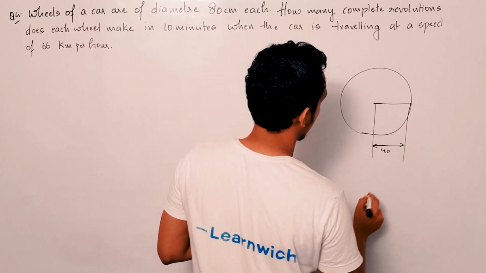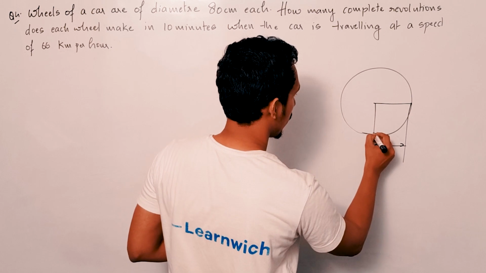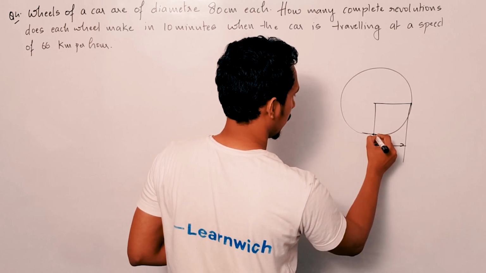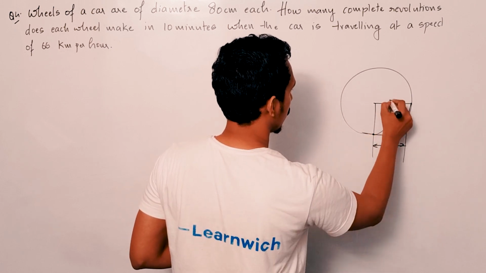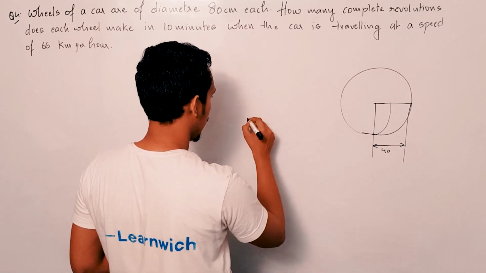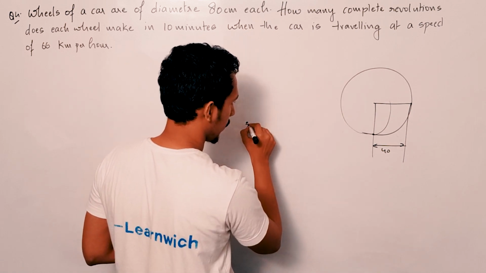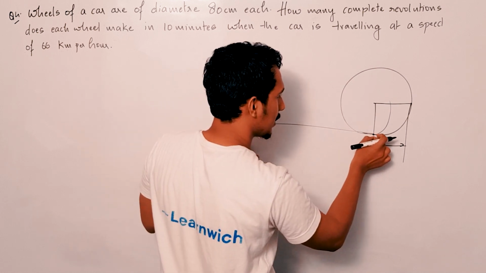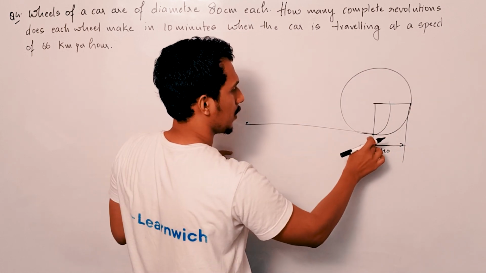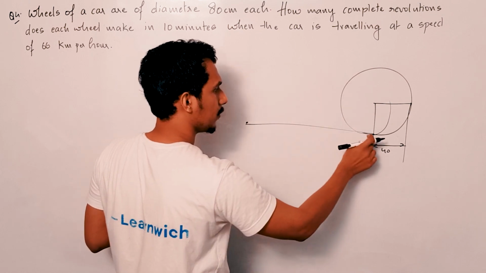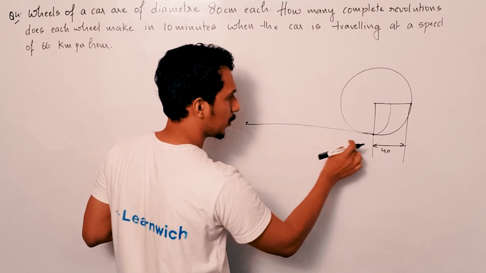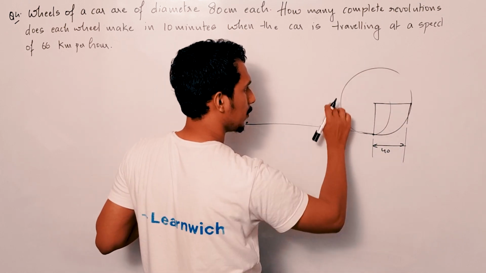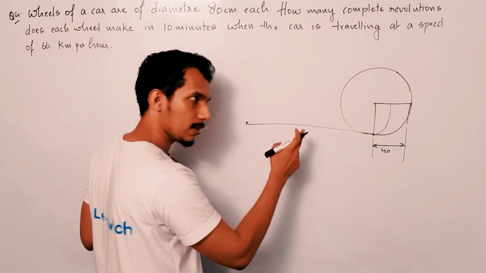No problem. So in one revolution, let's say here is a point. In one revolution, this wheel is rotating and it reaches this point. Then when it travels this much distance, it's just like opening up this circle. In one revolution, when this point reaches here, the total distance traveled will be equal to the circumference of the circle, right?